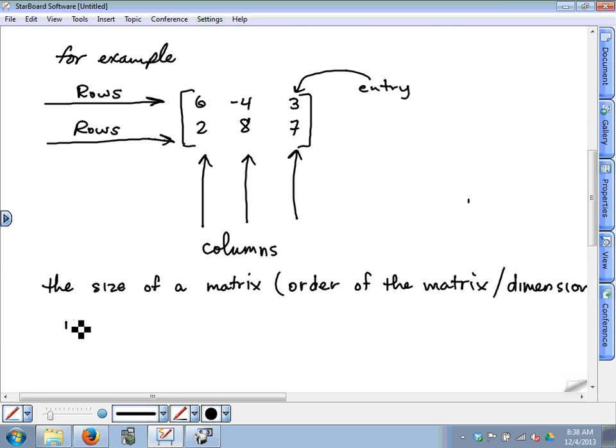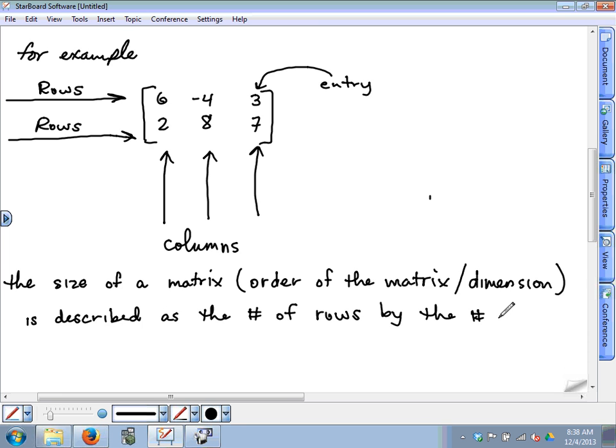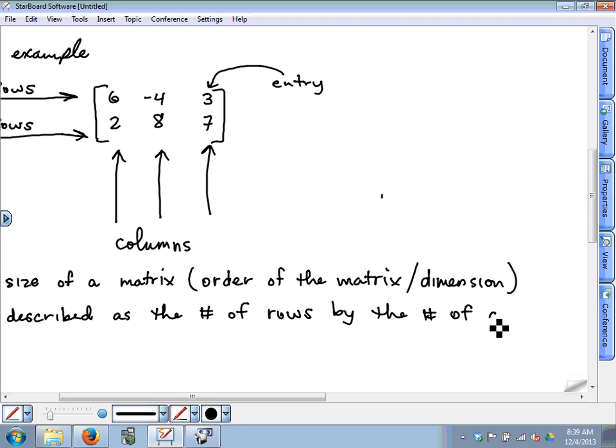The size of a matrix is described as the number of rows by the number of columns, and it always has to be done in that order.